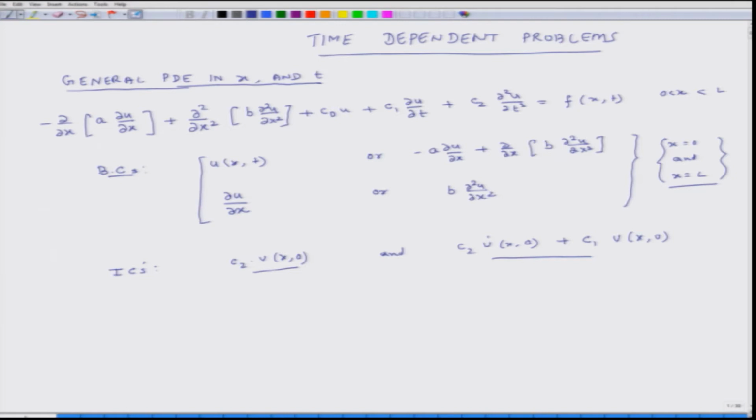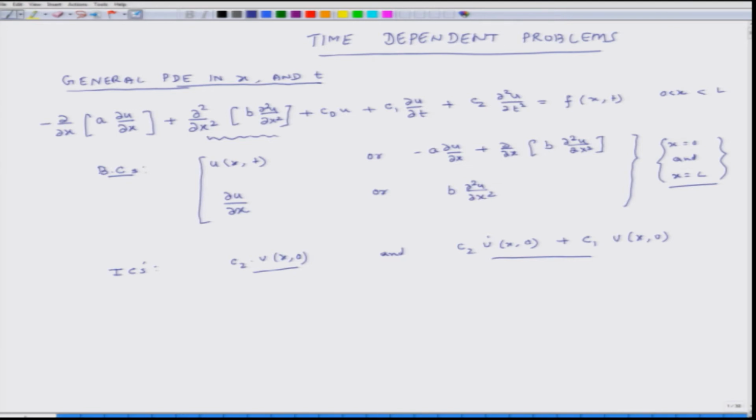So when I integrate this partial differential equation either through exact methods or through the finite element method, I will have to integrate it 2 times in x. Actually, if the term b times del 2 u over del x square is non-zero, then I will have to integrate it 4 times in x. And because this is a second order partial differential equation in time, I will have to integrate it 2 times in time also.